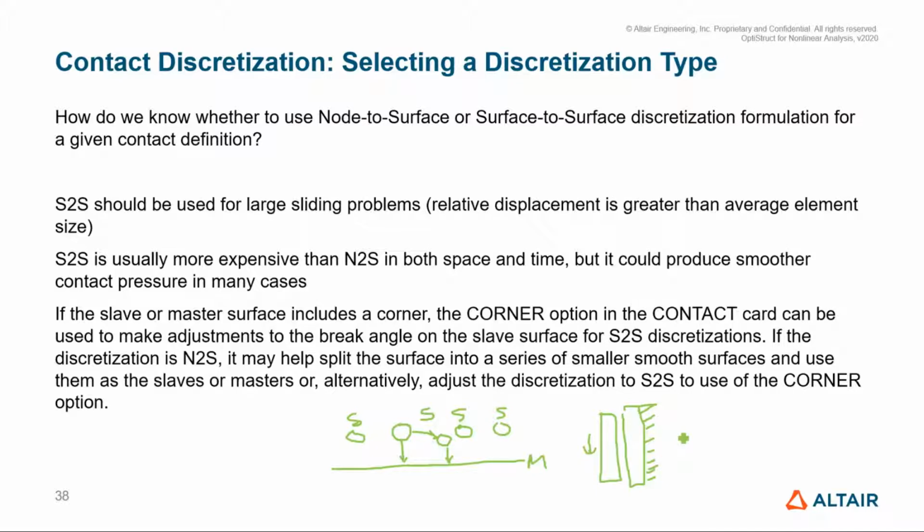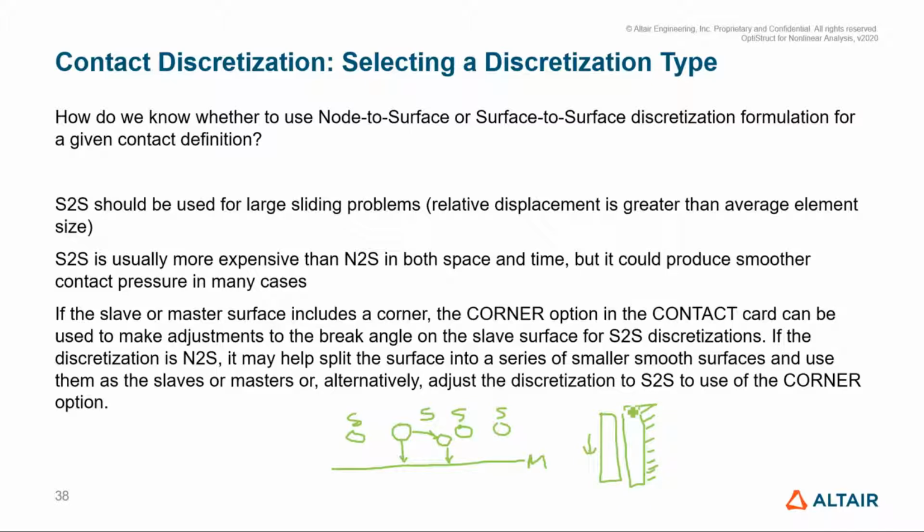The third rule is that normally the softer object we define as slave. So first, the smaller object, second, the moving object, third, the softer object. Those are normally your slave surfaces.